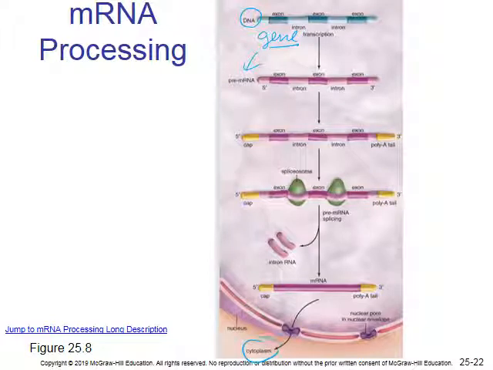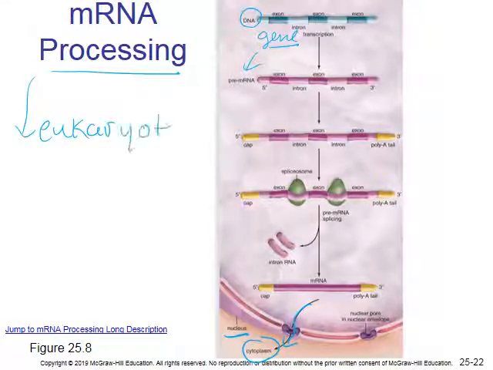Before messenger RNA is going to leave the safety of the nucleus, we're going to process the messenger RNA. And this happens in eukaryotes. So we don't have this processing in prokaryotes, right? There is no nucleus. So this is happening in eukaryotes. So we have our messenger RNA, we have our exons, and we have our introns.